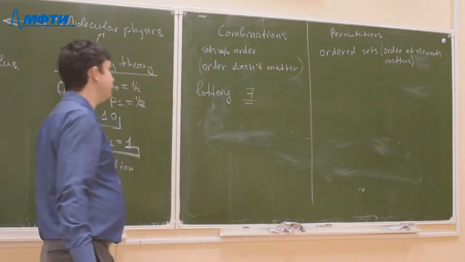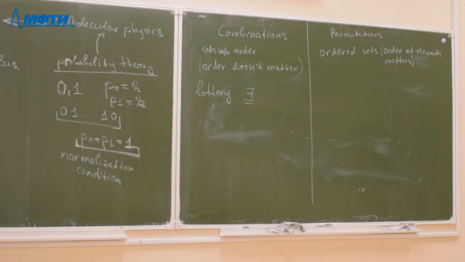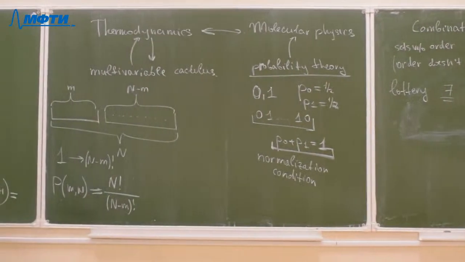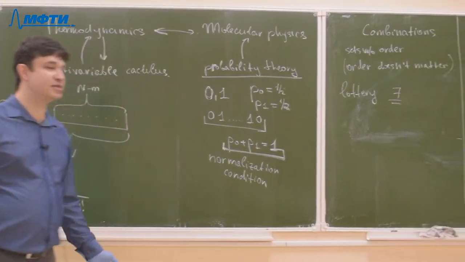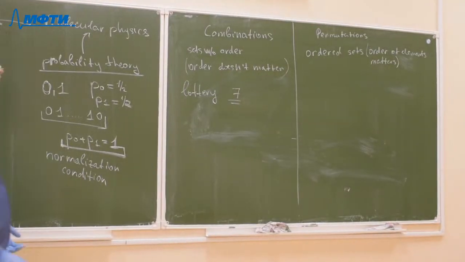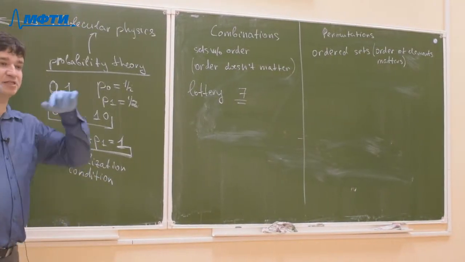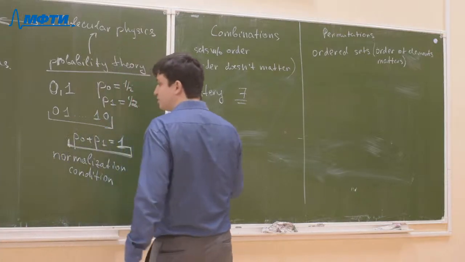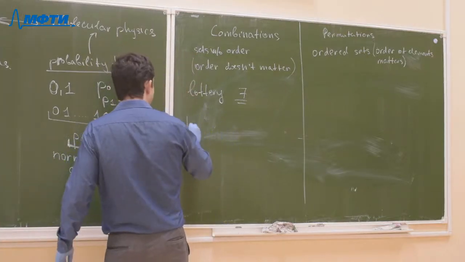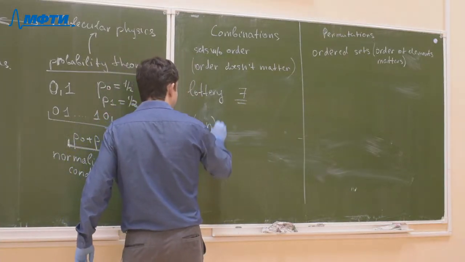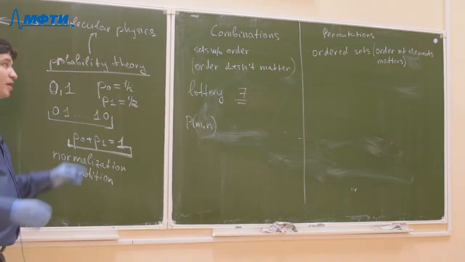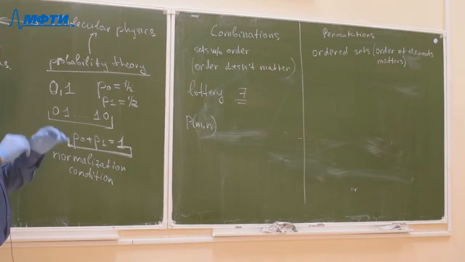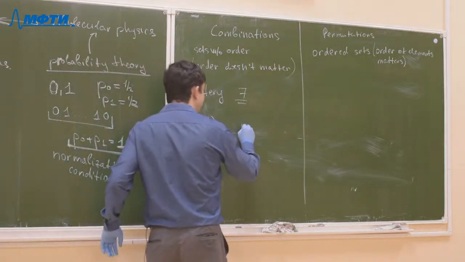In order to calculate combinations without repetitions, the easiest way is to take the number of permutations and divide it by the number of permutations inside it. P of M n is the number of permutations of M elements, but between these M elements I can arrange them in M factorial ways.